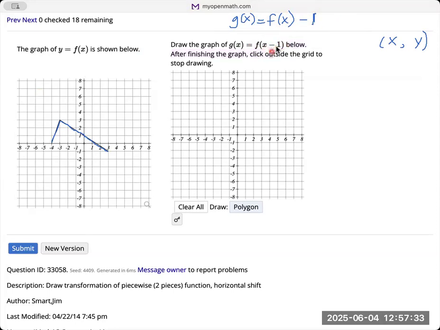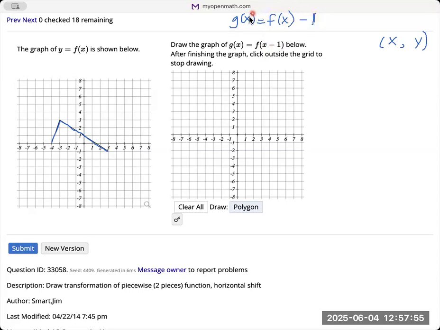What we see inside parentheses is called the argument of the function. So we're subtracting from the argument of the function itself. And above here, we're subtracting on the outside of the argument of the function.